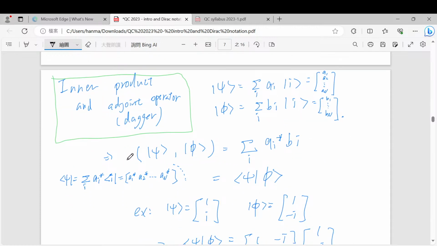So the inner product of those two complex vectors is a summation. Now, because we have complex numbers, the inner product is a little more complicated than the real number inner product because it's not symmetric. So you will actually have the summation of ai star bi. So you have complex conjugation here.